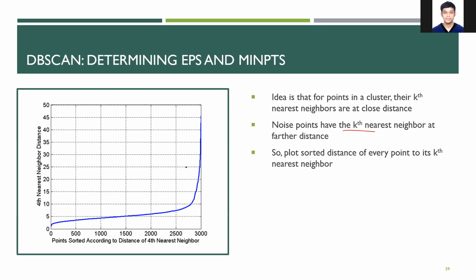So we can use a plot to sort the distance of every point. For example, on the x-axis, the points are sorted according to the distance of the four nearest neighbors, if we use k equal to 4.